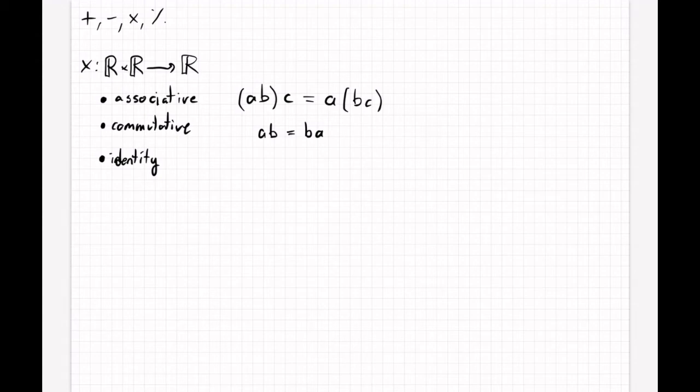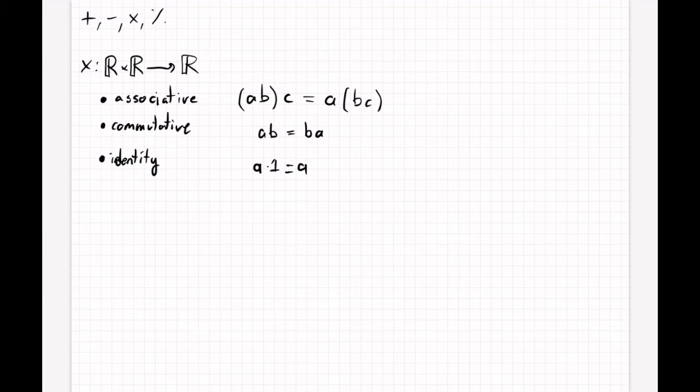And when I added 0 to any element of the reals, which would be any number, I get that number back. Now, for multiplication, I also need a special number where I have A times whatever number is going to go here is equal to itself, A. What number is this? Well, it's 1. A times 1 is A, no matter what real number you have.